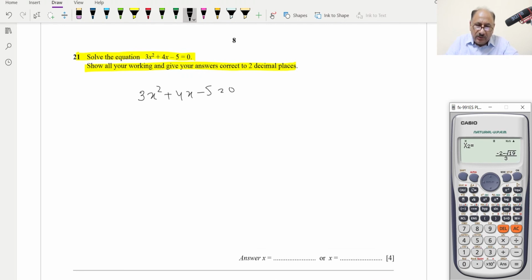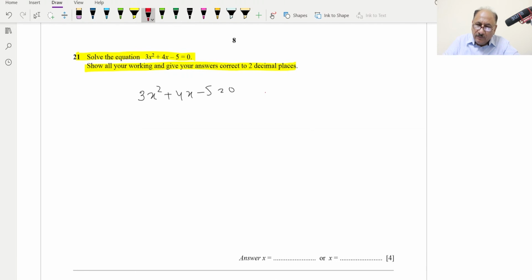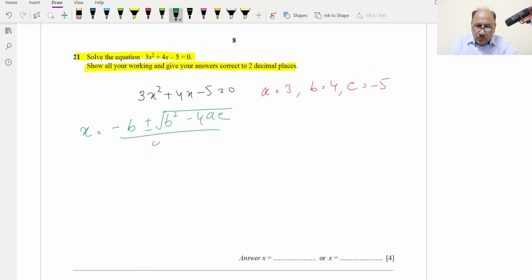So A is equal to 3, B is equal to 4, and C is equal to minus 5.